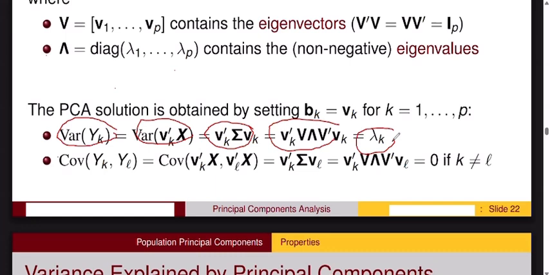So what we're actually doing, take a look at this. This is yk, and yk is v prime x. What is the variance? This is a linear combination here. What is the variance? Then you're going to see that this is a constant.